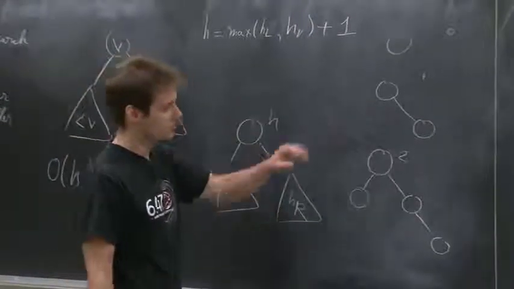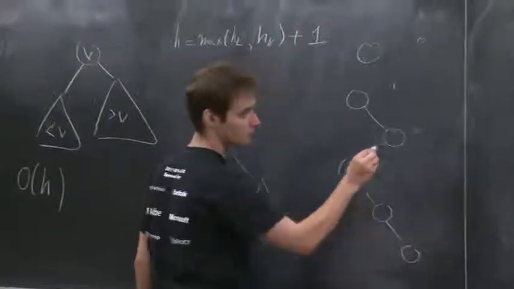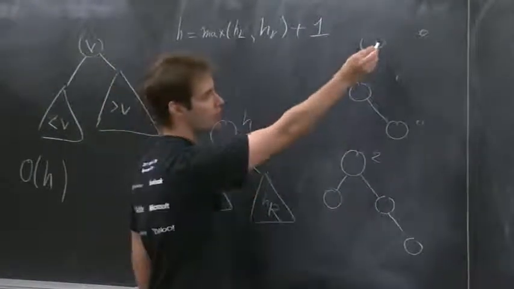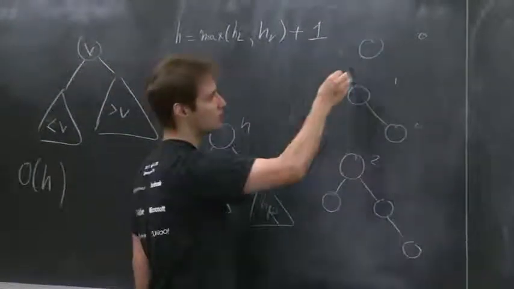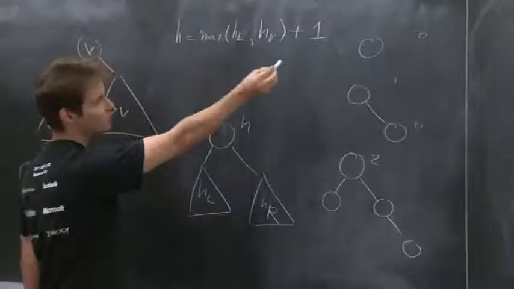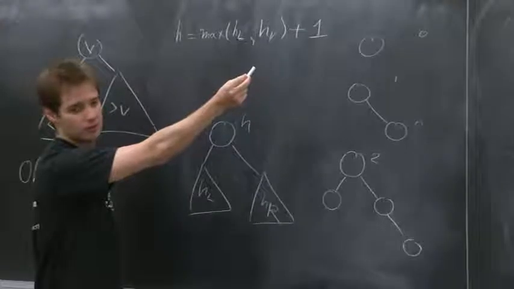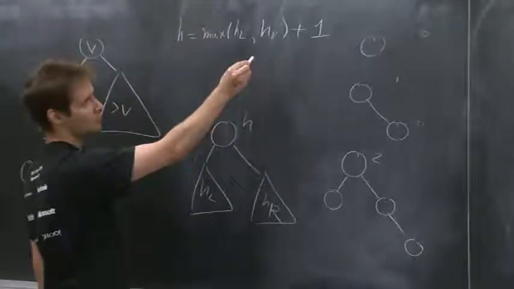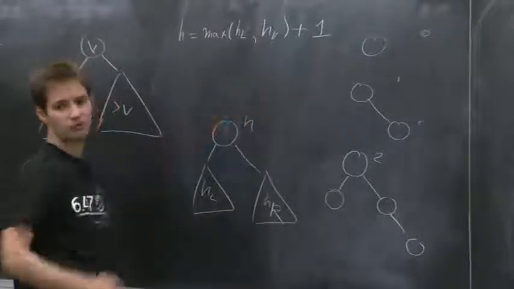In this case, I have this node of height 0, so I can make a small mistake here and it'll save me. But here, I have no children. So HL and HR have to be set in such a way that this formula evaluates to 0. So if I set them to -1, I'll have -1, -1. The maximum is -1 plus 1 equals 0.